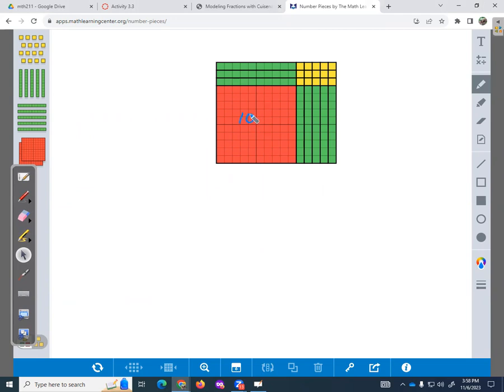So I see 100 there, 50 over here, and I see 30 there. Then I see 15 over here.